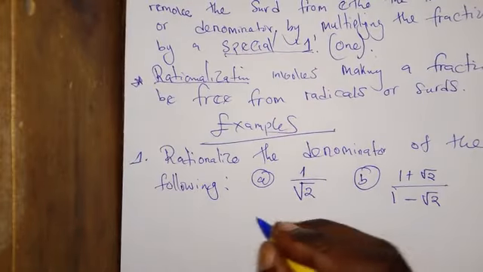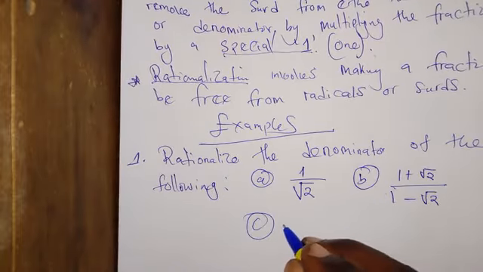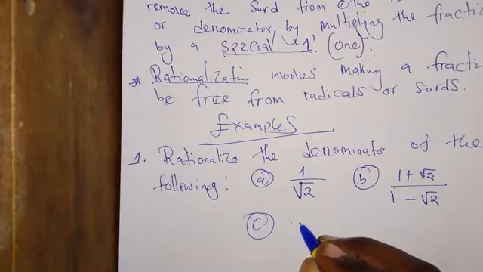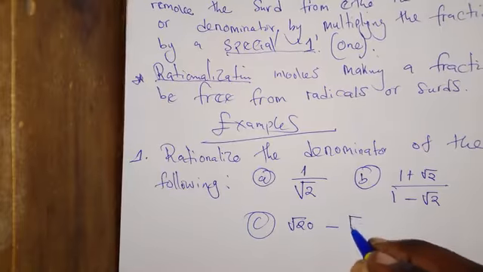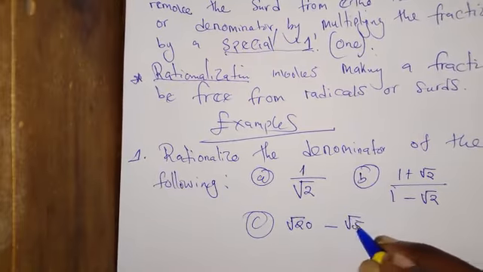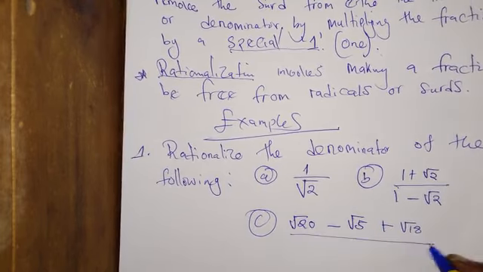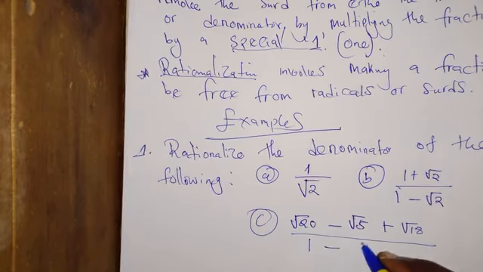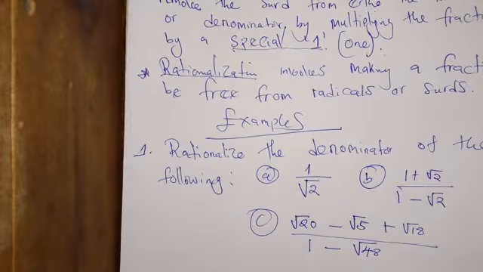And the third one we're going to have is root 20 minus root 5 plus root 18 over 1 minus root 48. So these are the three questions we're going to rationalize in our first example.